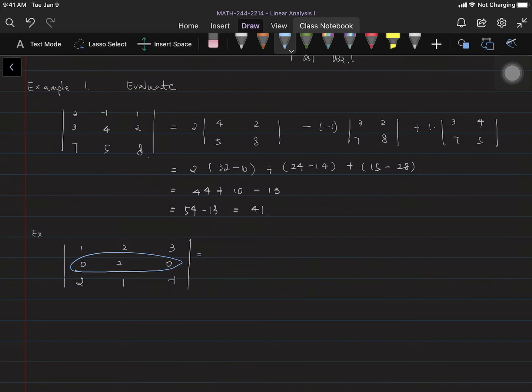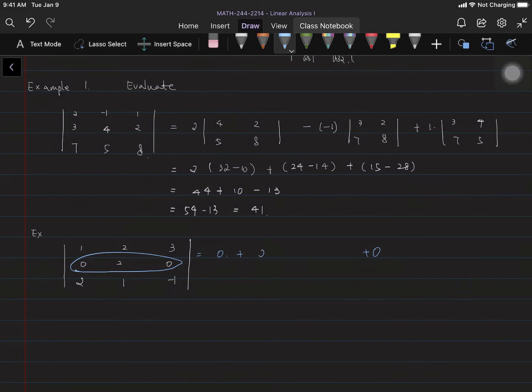It's going to be 0 times anything, so it's going to be 0 anyway, and I don't need to write those down. The last number is also 0 times anything, so it's 0, but I only need to be careful here.